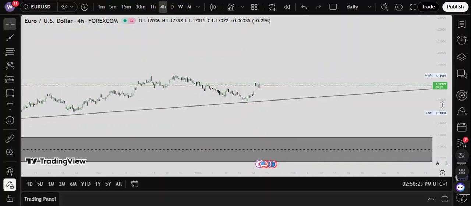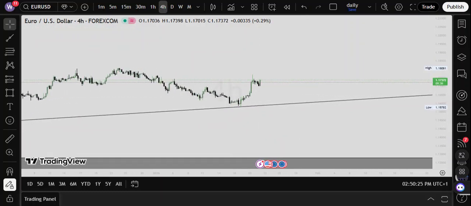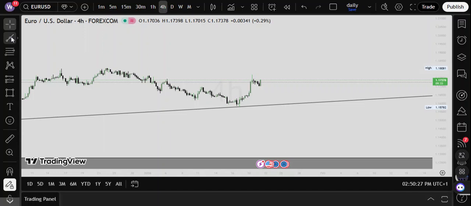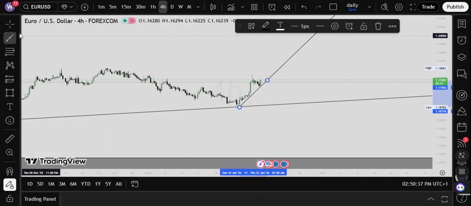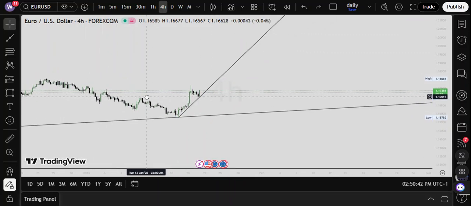Which is at this point. This is the last touch point. You pick your red line, continue from the last touch point all the way up, ensuring a few touches on that line. So as you can see here, we have two touches here and here and here for the touches.